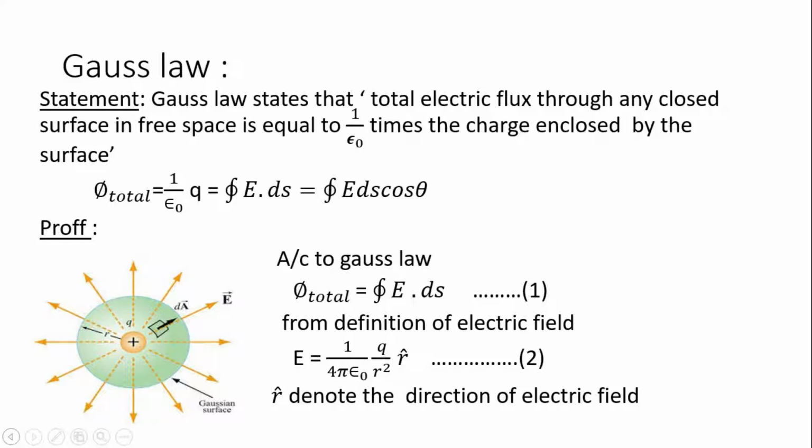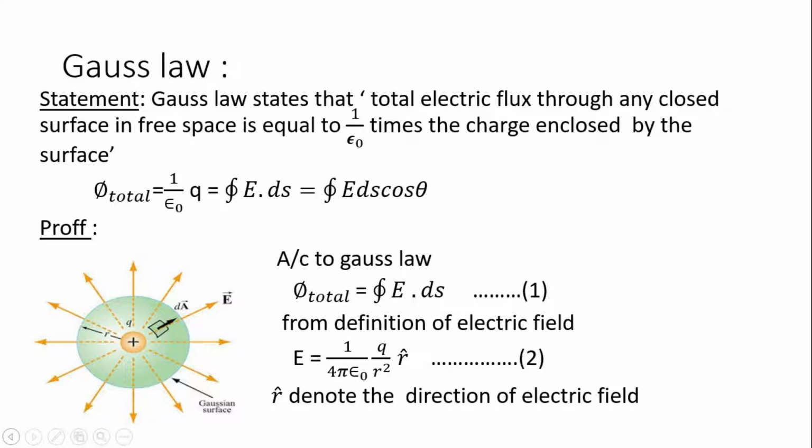I am considering a small area element, that is dS. Please change that, dA is there, so that is dS, okay? And the radius will be smaller, this is the Gaussian surface. You can imagine this diagram when we are going to prove the Gauss law, right?